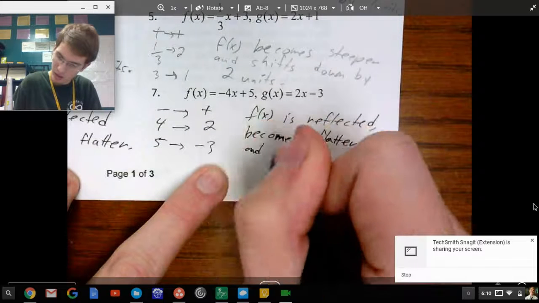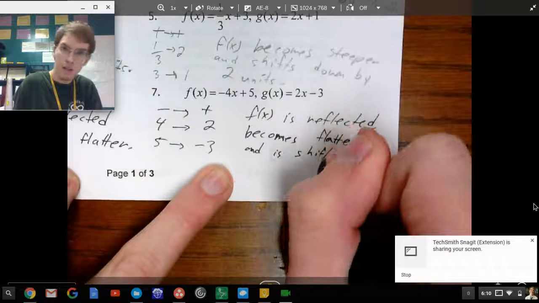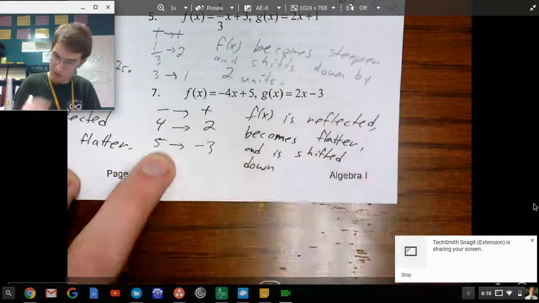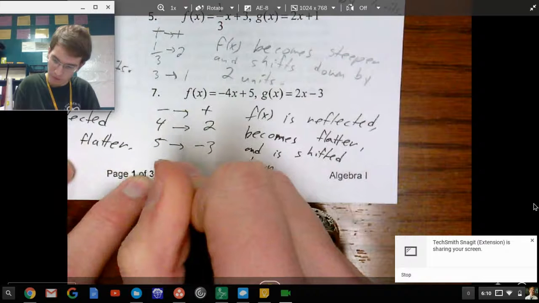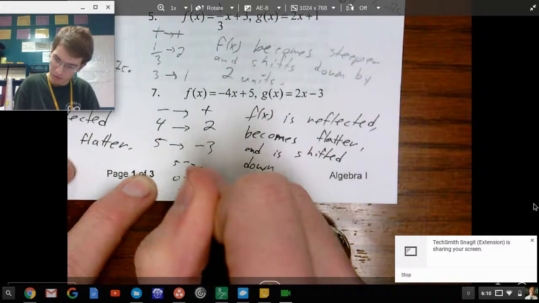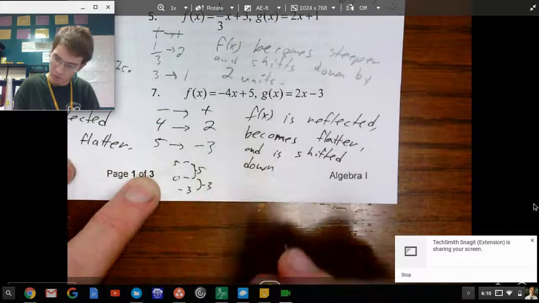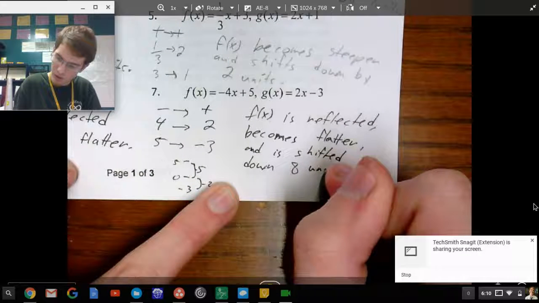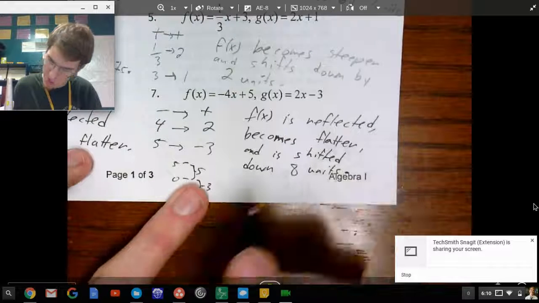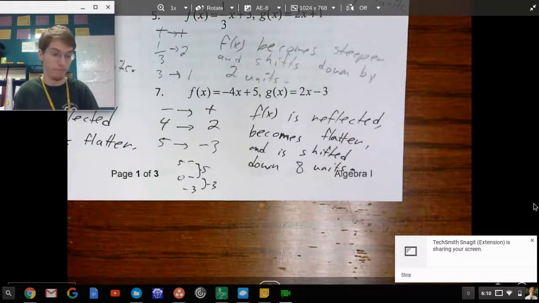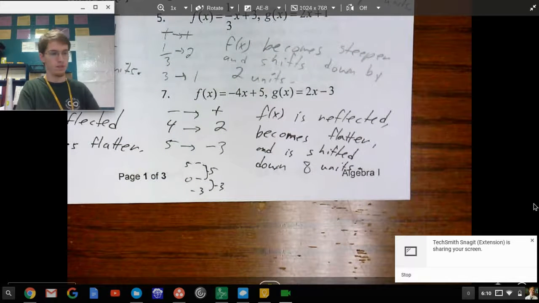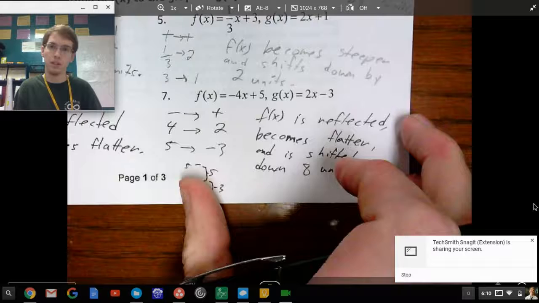And it shifted down from 5 to -3. So it goes down 5 and then down 3 more. So it's down 8 units. And there it is. About as long as an answer that we're going to have. All right. Let's keep going.